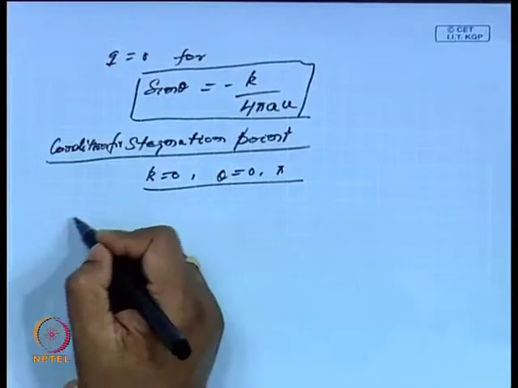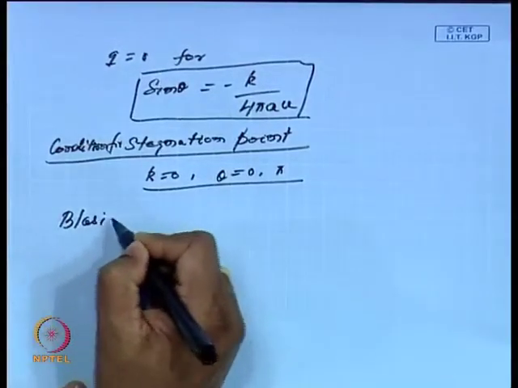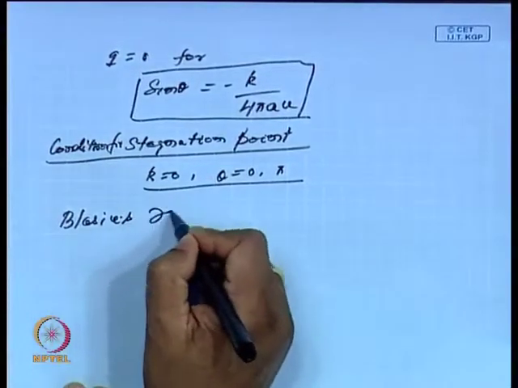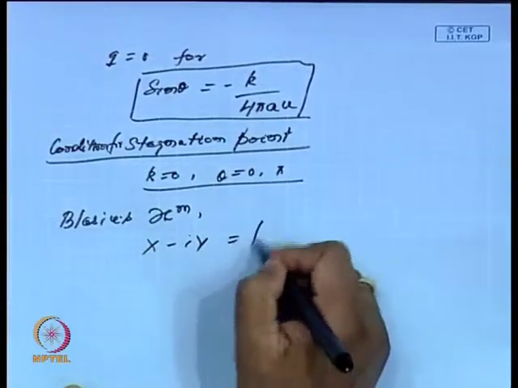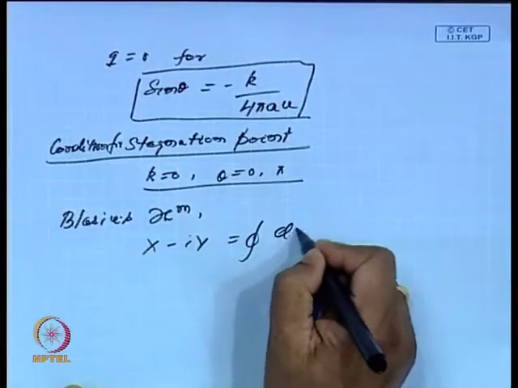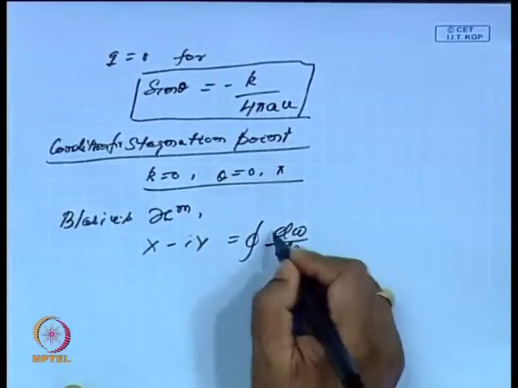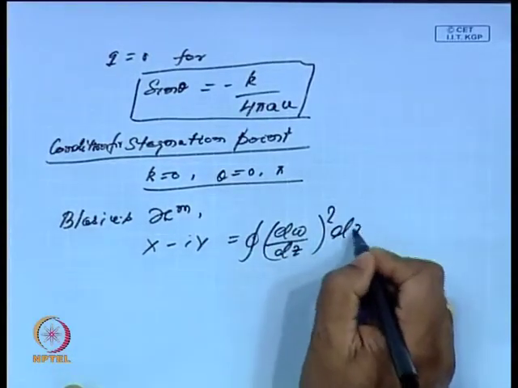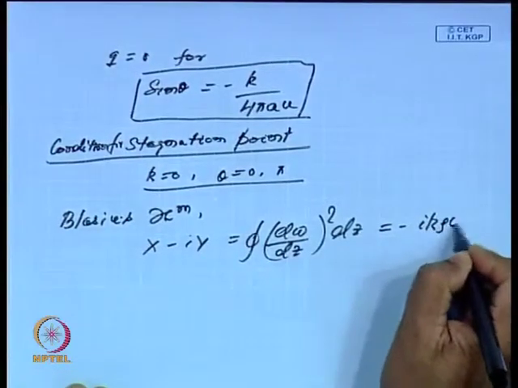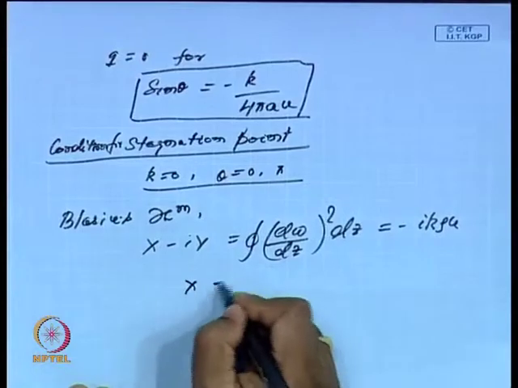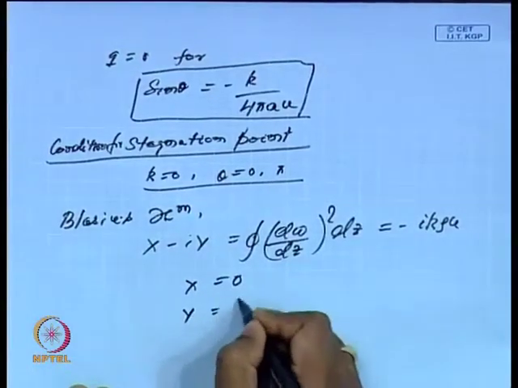Again, if we apply the Blasius theorem, because we have w, we can get x minus i y as the integral of dw by dz across the cylinder, and you can easily see that this will be minus i k rho u. That will give us x equal to 0 and y equal to k rho u.